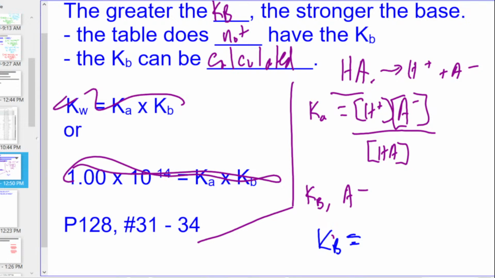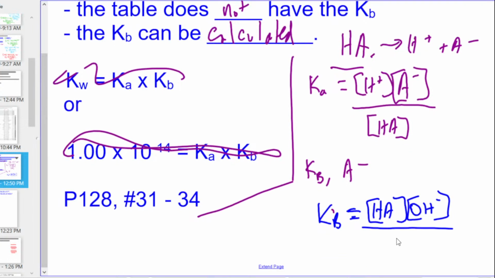Glenn? It'd be HA times OH minus over A minus. Yeah, because we have A minus, H2O, OH minus, HA. Excellent. So we have two equations that we can get for any acid or a base.